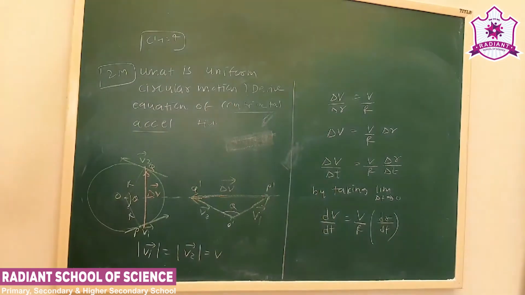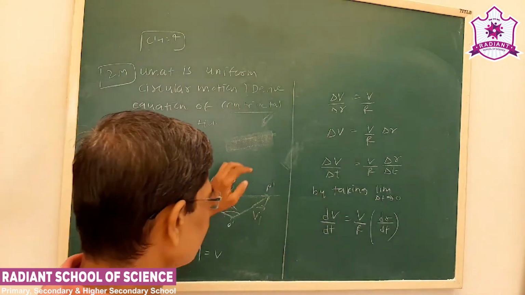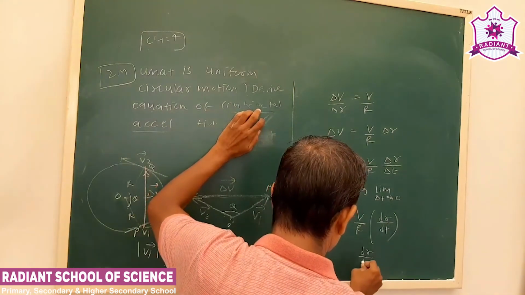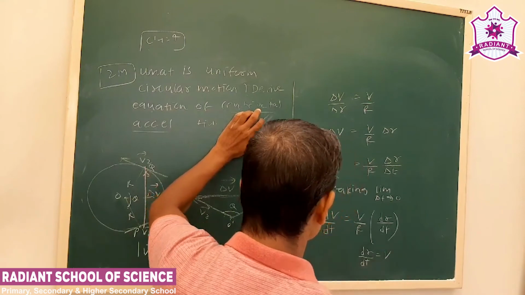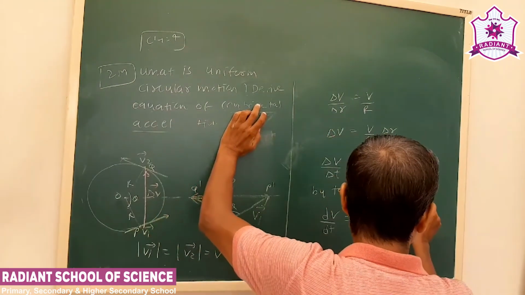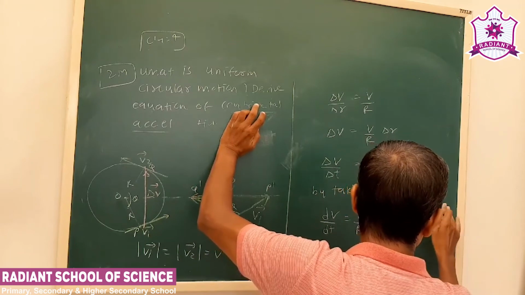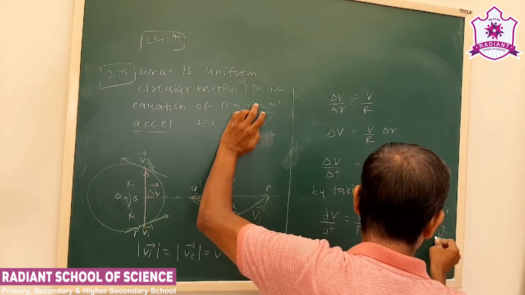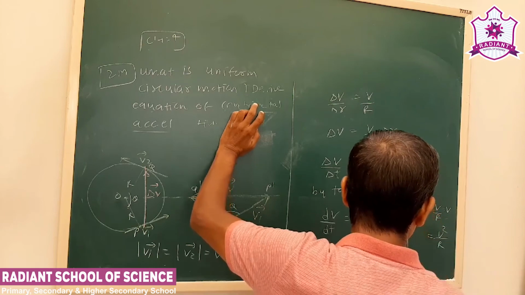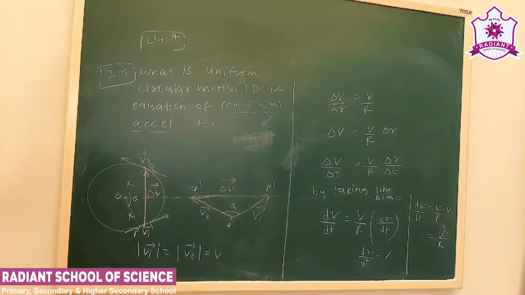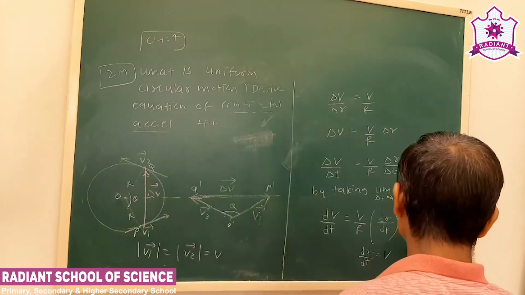Okay, now see, dr by dt is nothing but speed. So our equation has become dV by dt equal to V square by R. Now we know dV by dt is acceleration A.